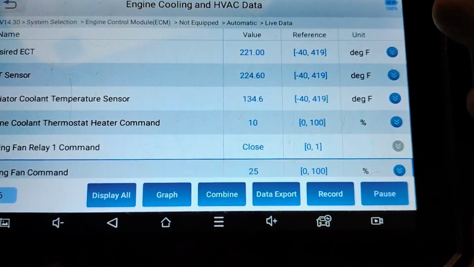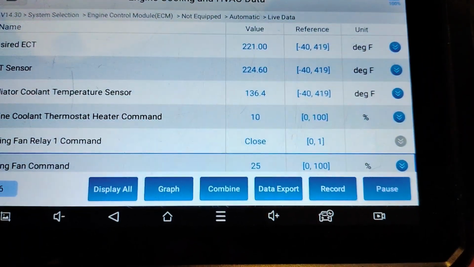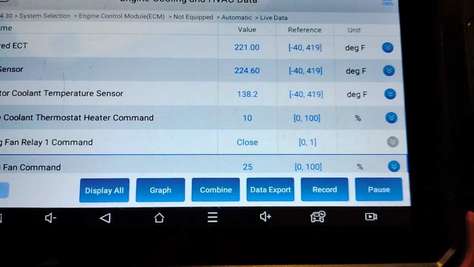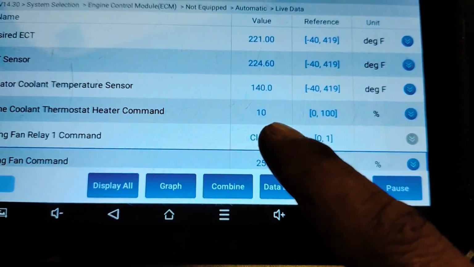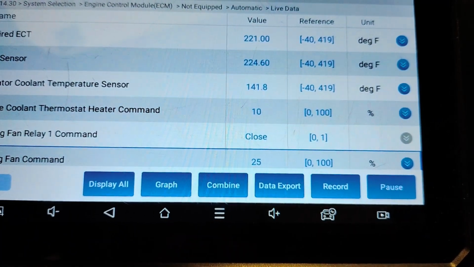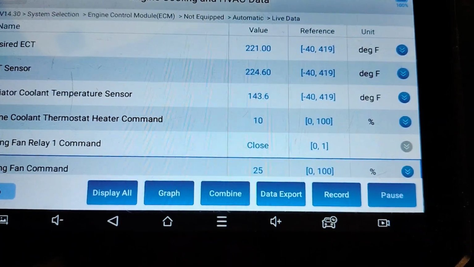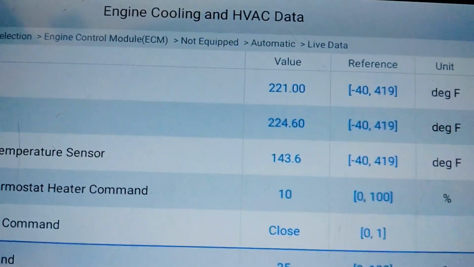So if it goes above, like for example right now, 224, 226, it'll increase the percentage on the thermostat command to open more.